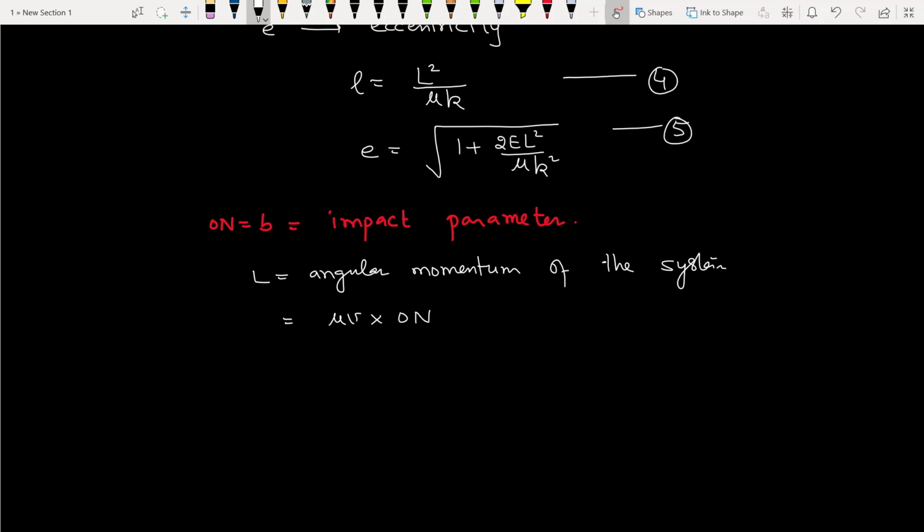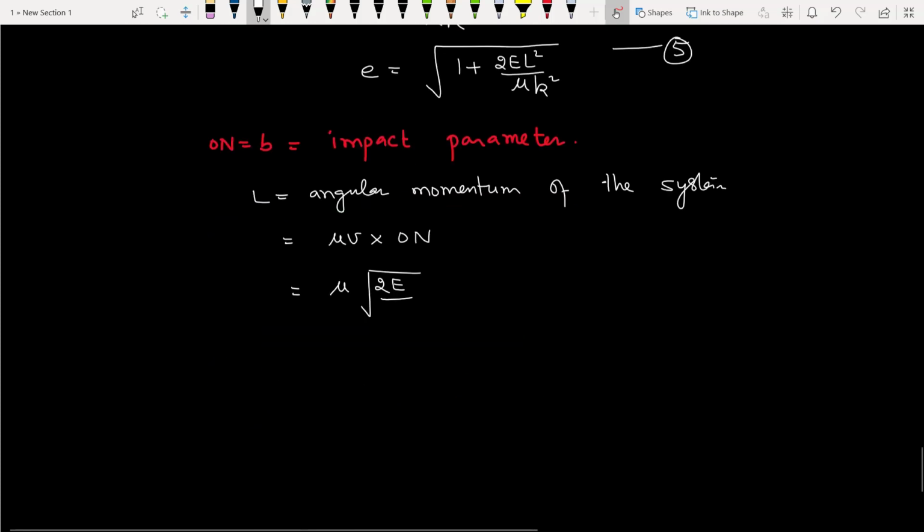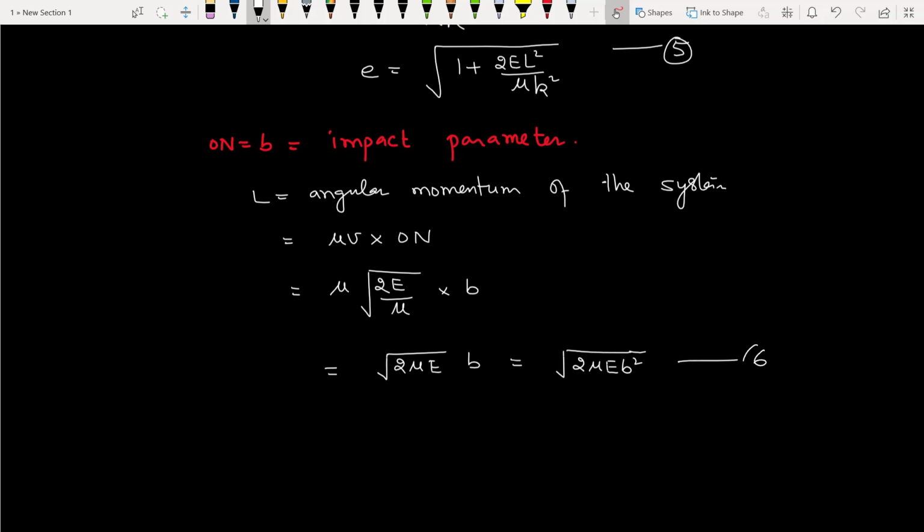So the value of v from equation number 2 is square root of 2E upon mu, into ON. ON is our b, so it is square root of 2 mu E into b, or square root of 2 mu E into b square if we take it inside the square root sign.